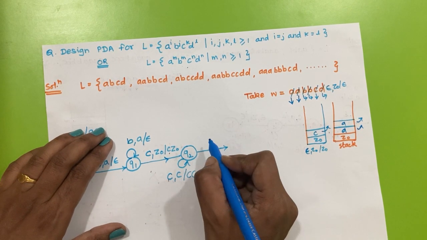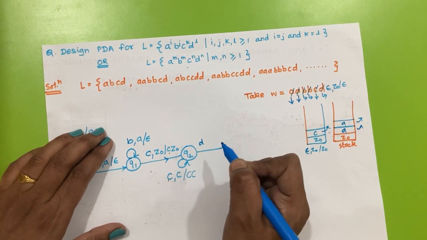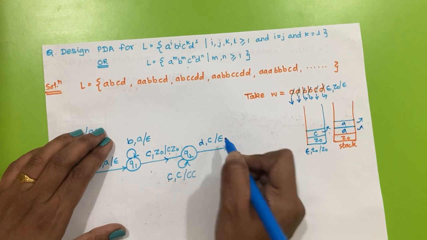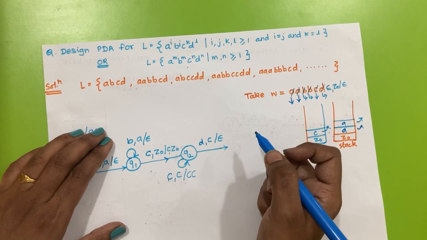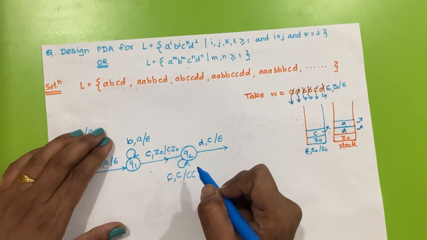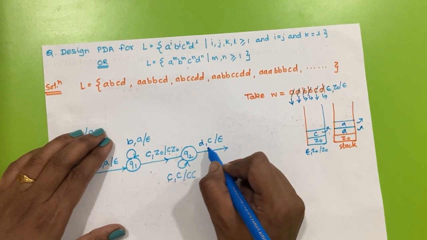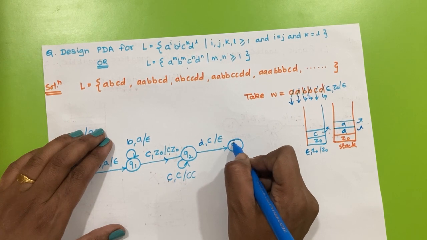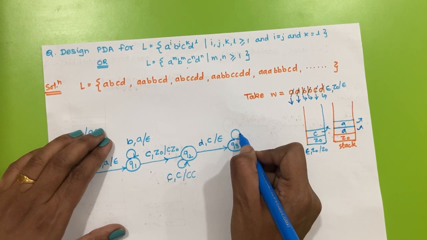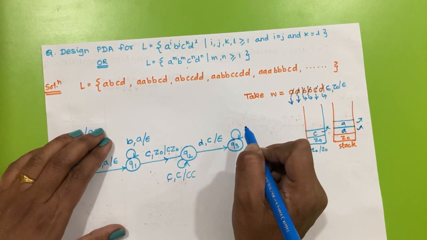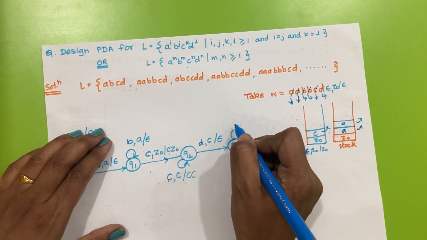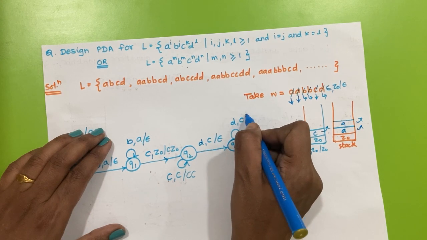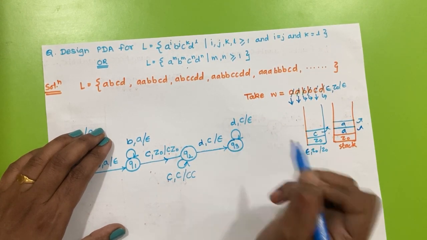After reading all C's, next input symbol is D. If input symbol is D and top of stack is C, at that time we have to perform pop operation, because for every D we have to cancel each and every C. So this will pop out the first C from the stack, and for the remaining D's we have to pop out all the C's from the stack. The transition will be repeated by this cycle.